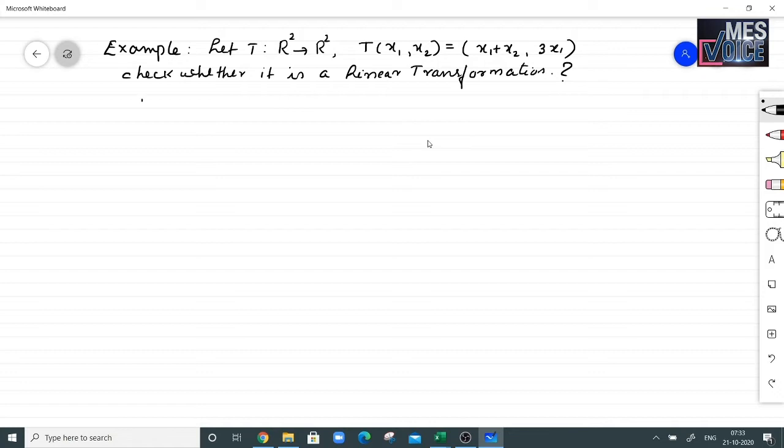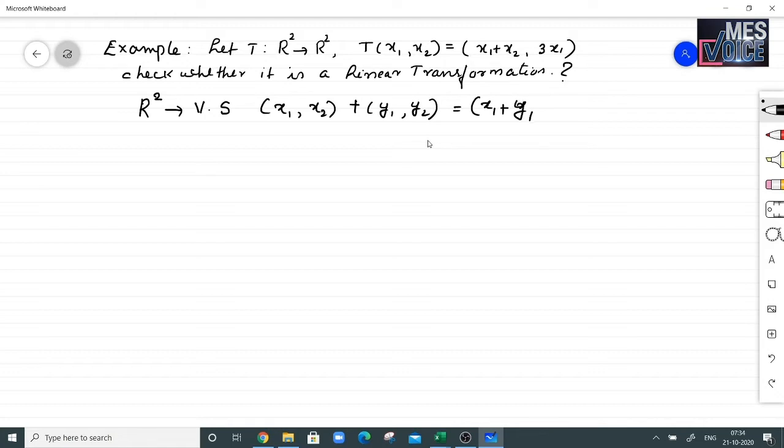Before checking this, let us see how addition is defined in the vector space R square. Take two elements, ordered pair (x1, x2) and ordered pair (y1, y2). How is addition defined between these two elements? It is nothing but the coordinate-wise addition.